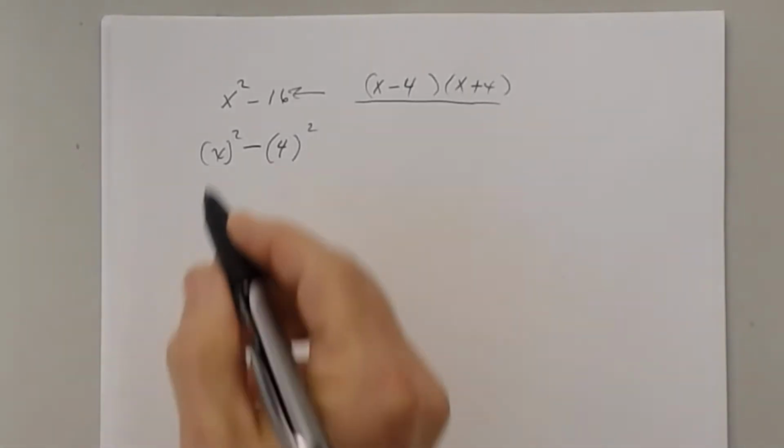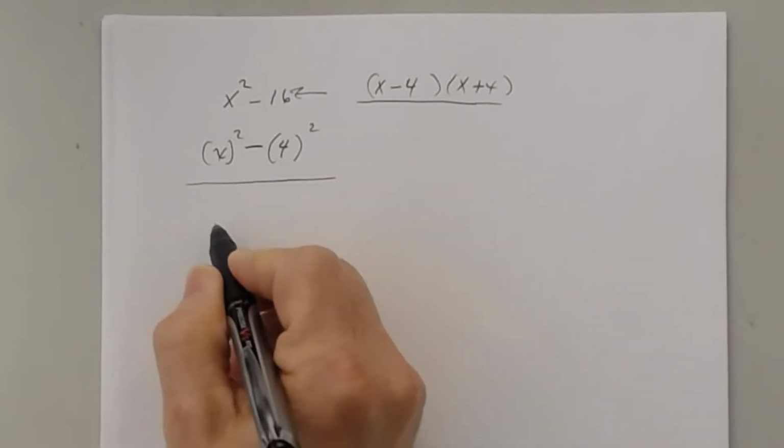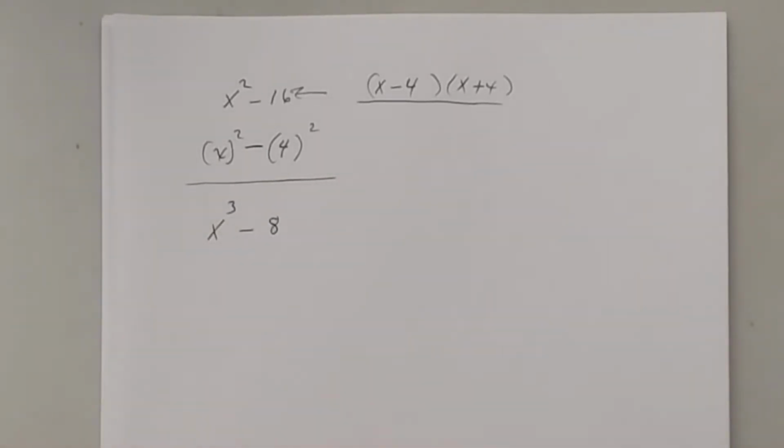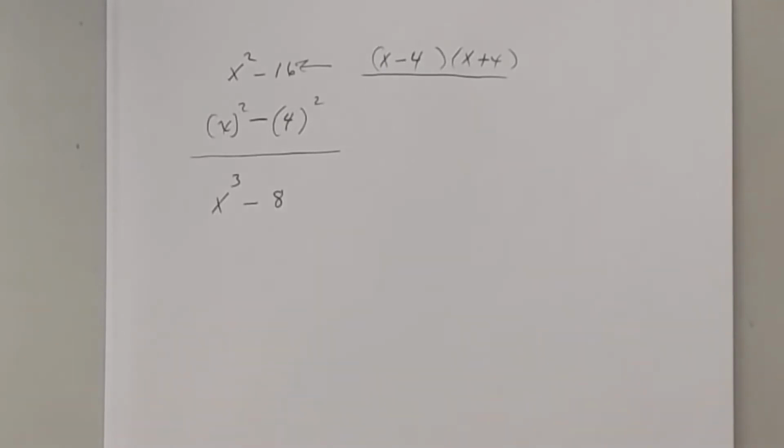Okay? But what if I had this? X cubed minus 8. All right, so what's the GCF? 1. How many terms do you see? 2.